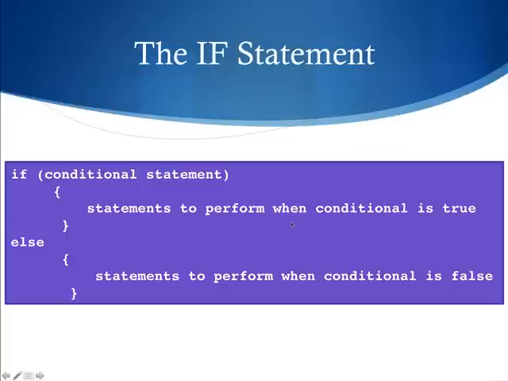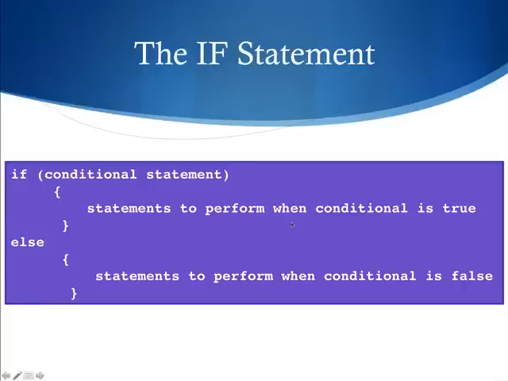That means it can be a method call to a method that returns true or false, or something that relies on a relational operator to get you a true or false value. Then you're going to have a set of curly brackets. This first set of curly brackets blocks out the statements that are going to be executed if that test is true.